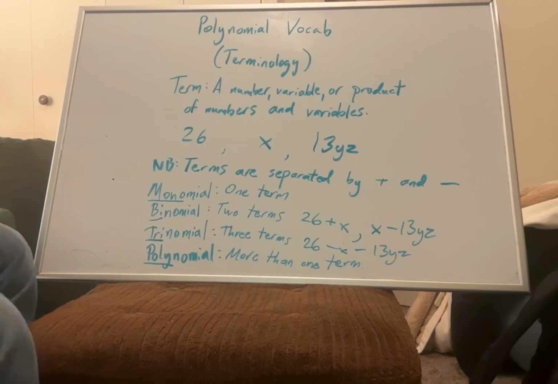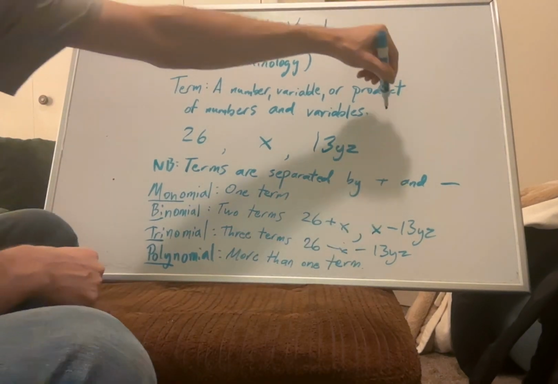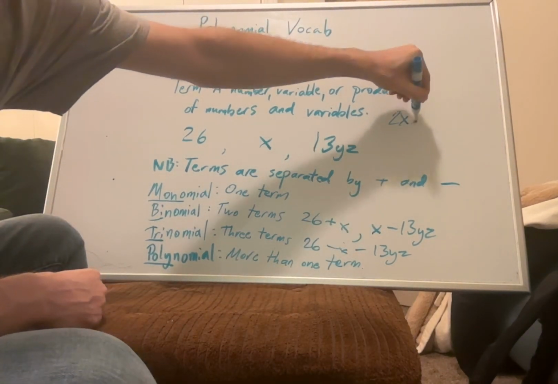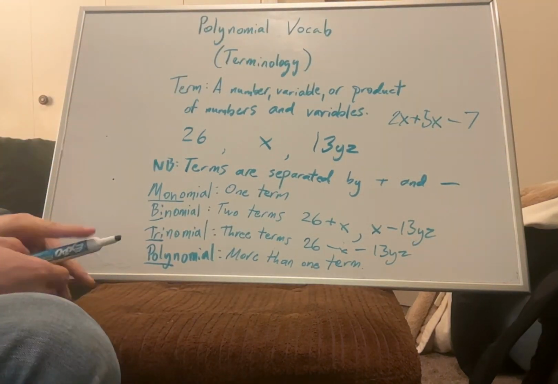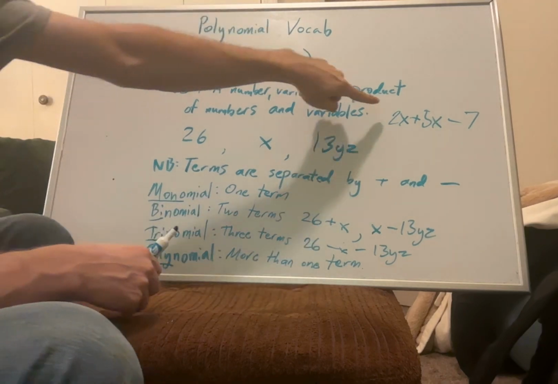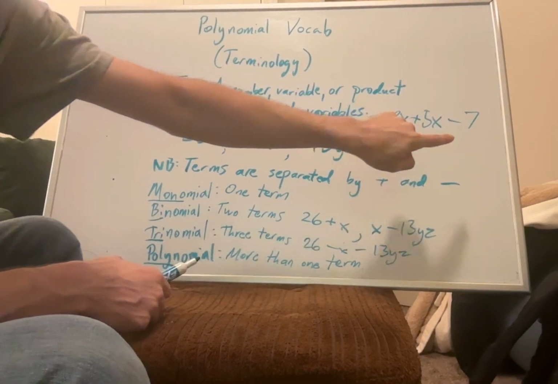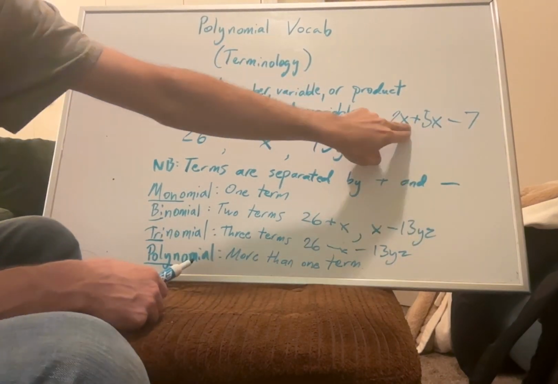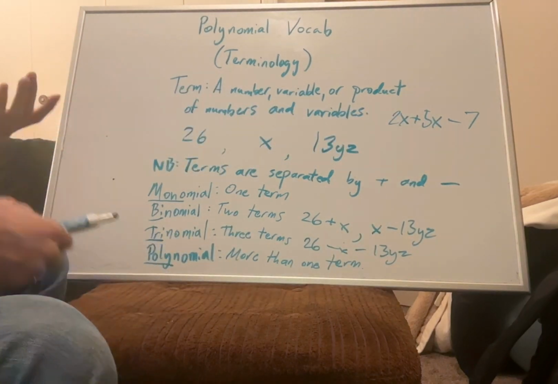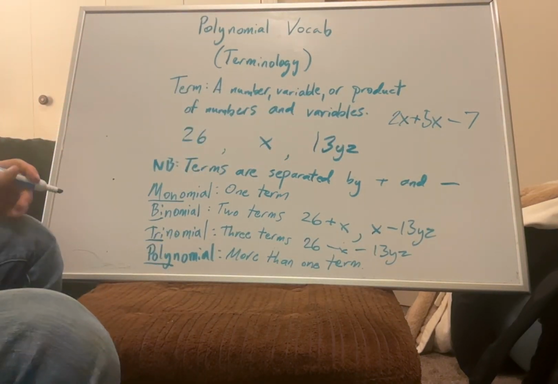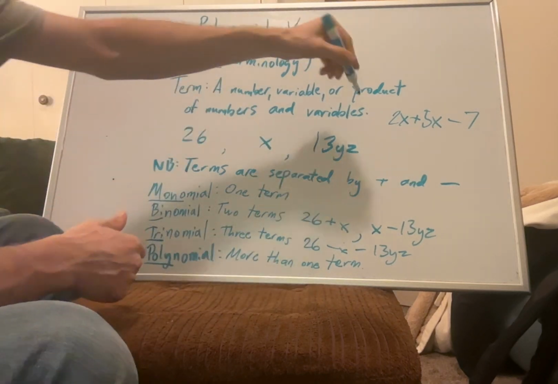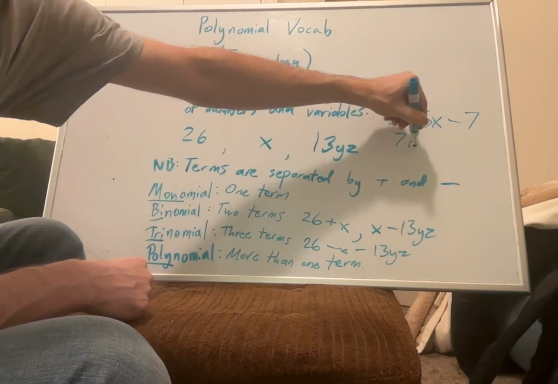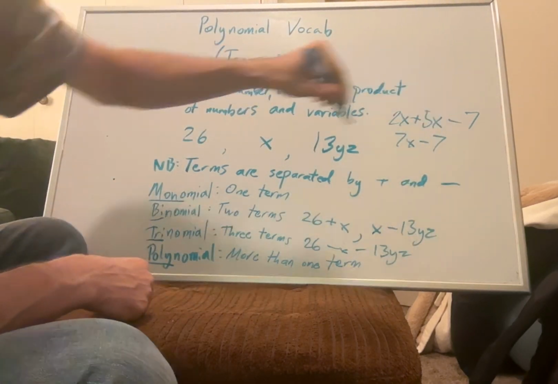So, for instance, if you were given 2x plus 5x minus 7, your first thought might be that I have three terms: 2x, 5x, and 7. They're separated by pluses and minuses, so this might seem like a trinomial, but note that 2x plus 5x can be combined to just be 7x minus 7.